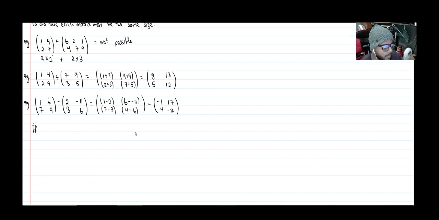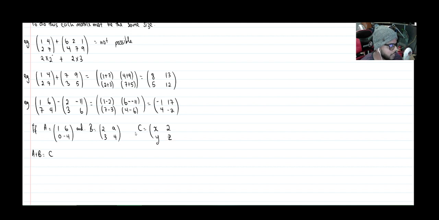Now sometimes we will have variables inside of these matrices. So if A is a matrix, and the matrix A is 1, 6, 0 and minus 4, and I'm just making up, and B is the matrix 2, a, 3, 4, and the question states that A plus B is equal to C. Let me put in a matrix C, where C is the matrix 6, x, 2, y and z.